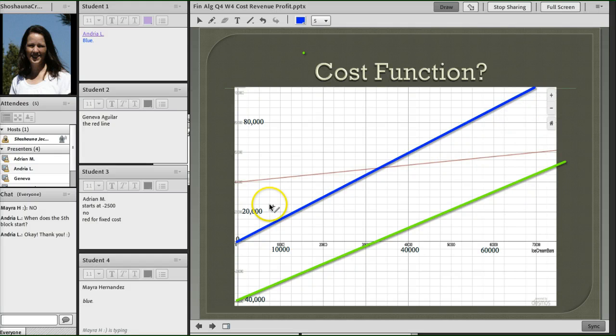So we said cost function, people pick the red line, blue line. Why blue line, why red line? So now you have to defend your answer.